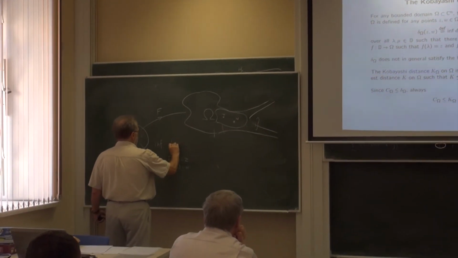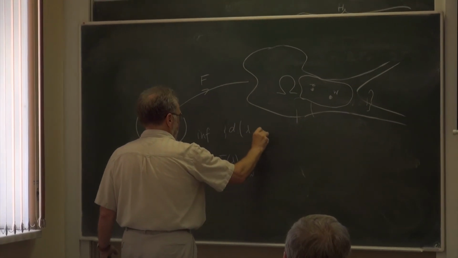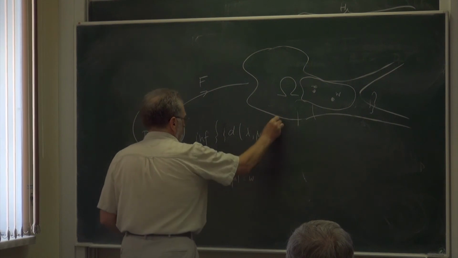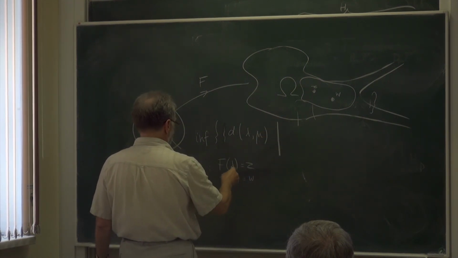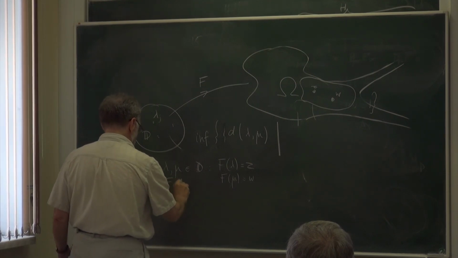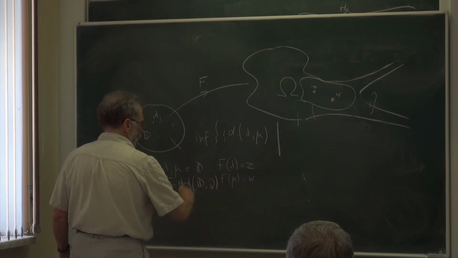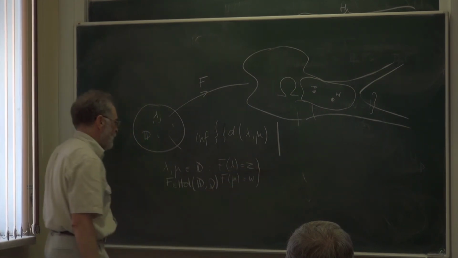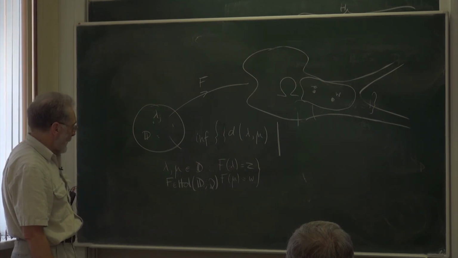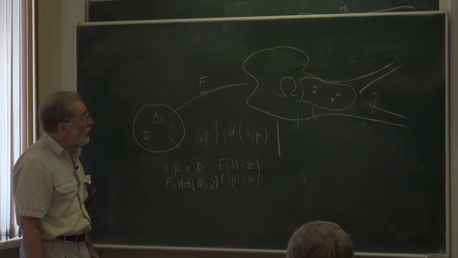So I think I called that d, didn't I? The hyperbolic distance from lambda to mu over all lambda, mu, and f, which are holomorphic from the disk into omega, such that f maps lambda to z and mu to w.